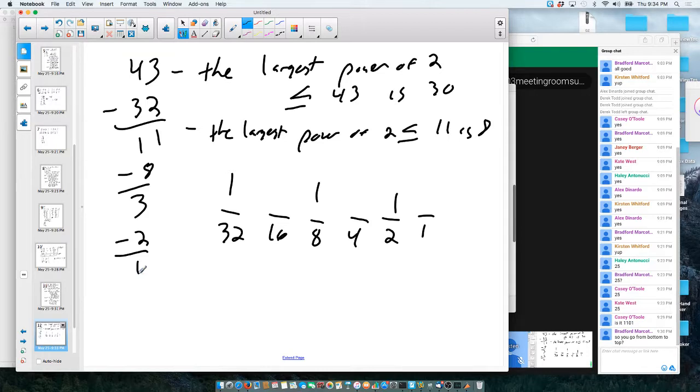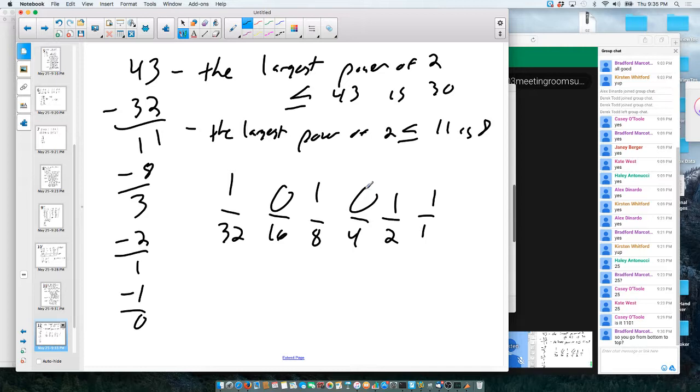The largest power of 2 less than or equal to 1 is 1. 1 minus 1 is 0. I'm done. Put zeros in all of the spots to the left. So this, to me, feels a lot like doing the binary number to decimal number conversion we did before backwards, right? Instead of adding the place values with all the ones, I'm putting ones in the place values and subtracting them from the number. That's the opposite of adding.